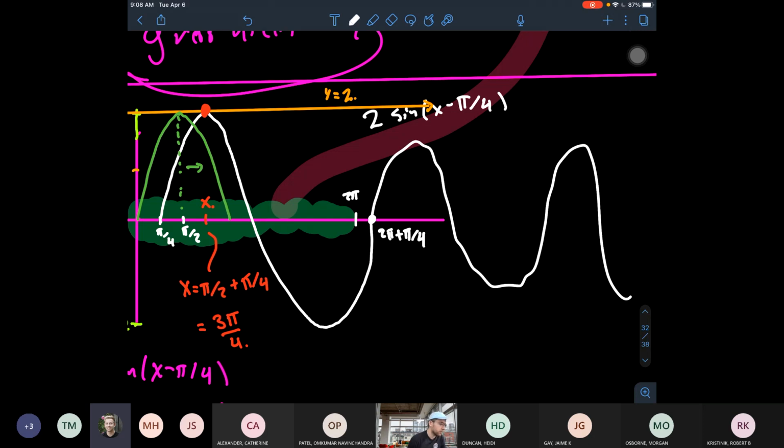So I'm looking for x values which are in the green region, which cause a maximum to occur of our graphical interpretation of this trigonometric function. And I can see from looking at the graph that there's only one. Okay, there's no other maximums in this region.